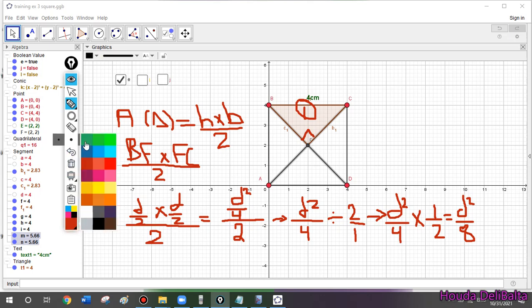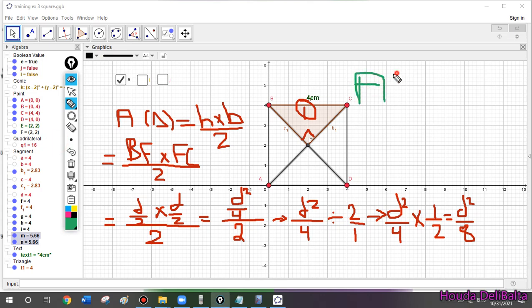Now, let me talk about the area of the square. The area of the square is 4 times the area of each triangle, as I just told you at the beginning of the video.